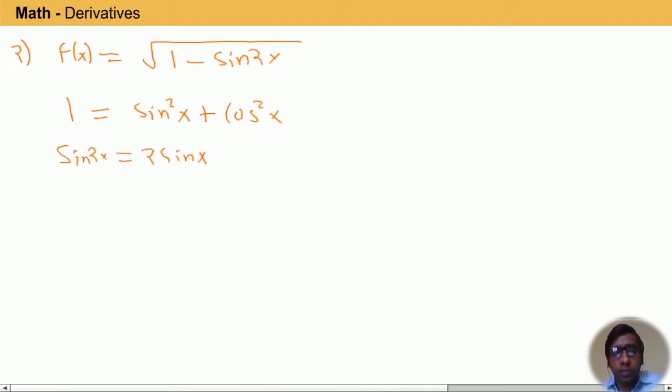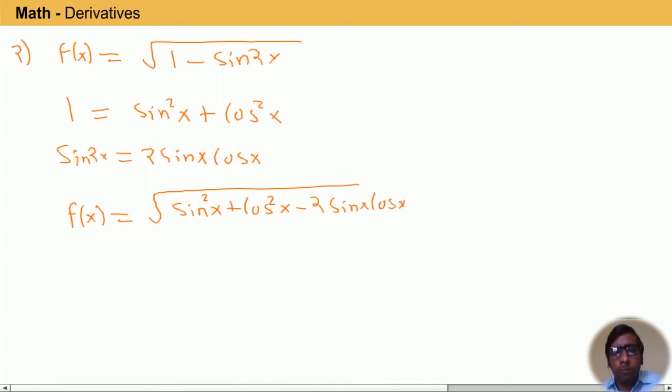Just substituting the value over there. So f(x) equal to square root of sin square x plus cos square x minus 2 sin x cos x.